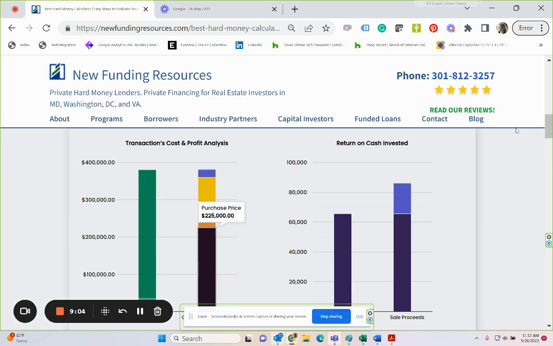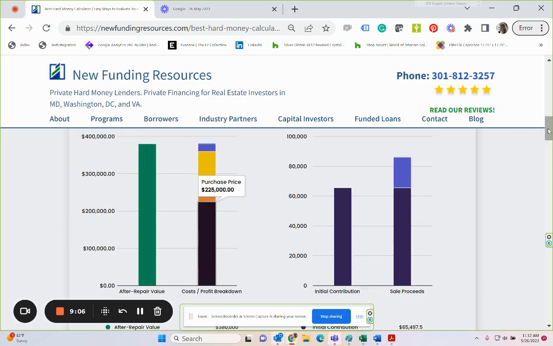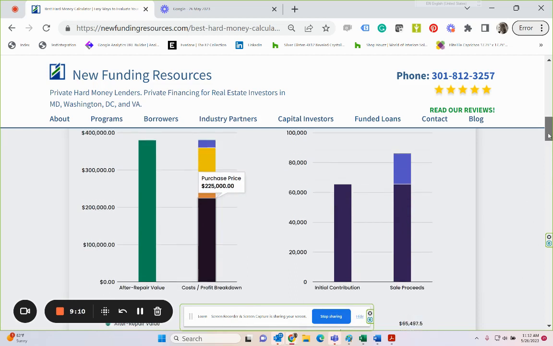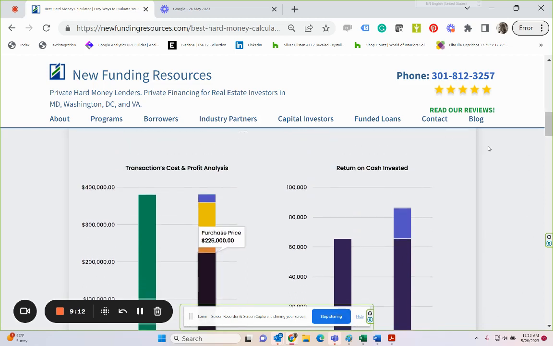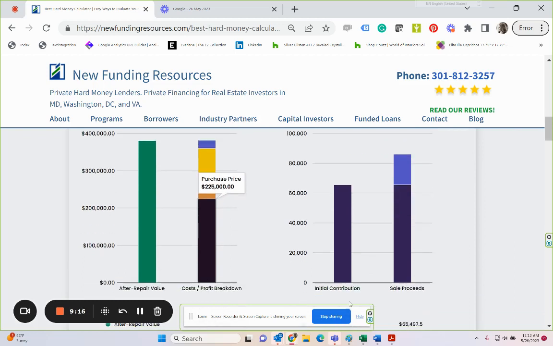And the chart on the right here represents the return on cash you've invested. So again, your initial contribution, remember, you would be asked to bring around 65,000 to the transaction. And then when you sell the property, you get the 65,000 back, right?